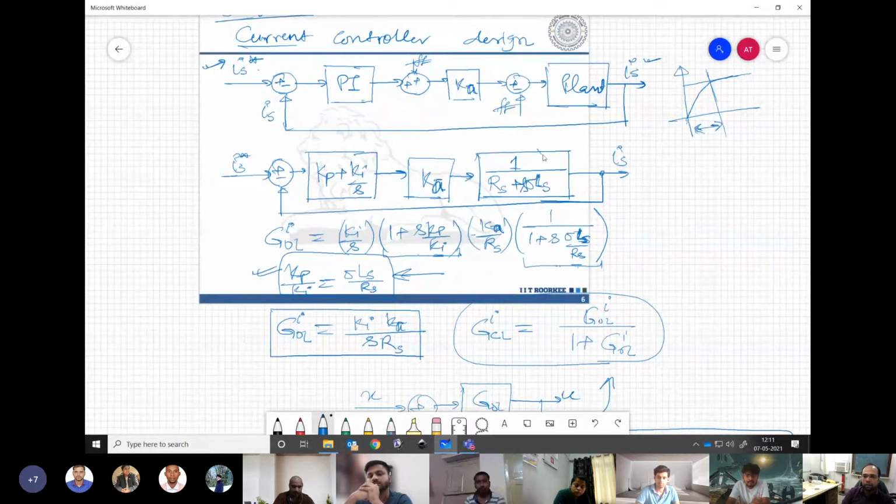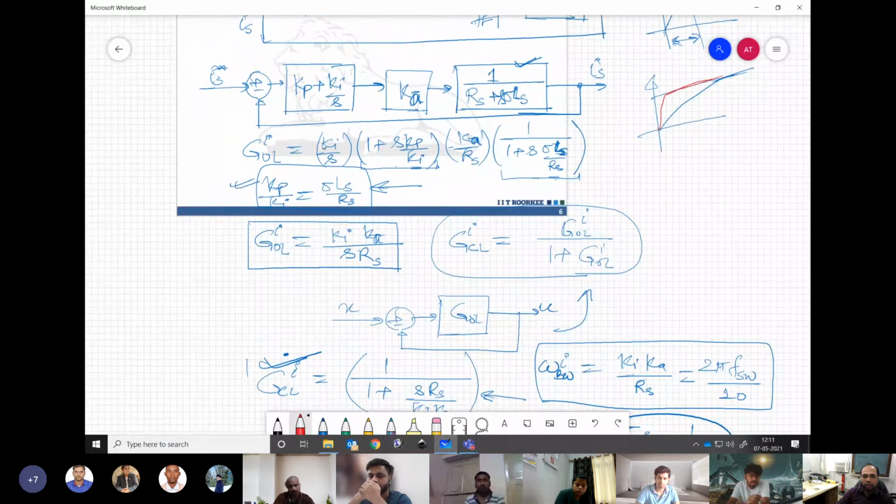First, whichever is the slowest pole in the system, the slowest pole is responsible for a sluggish response. It will take the current very slowly to the reference value. Now if we cancel that and make the bandwidth faster, the response may look much better. Something like this.